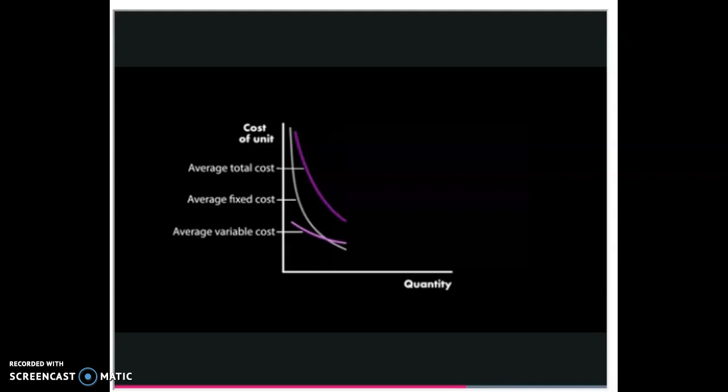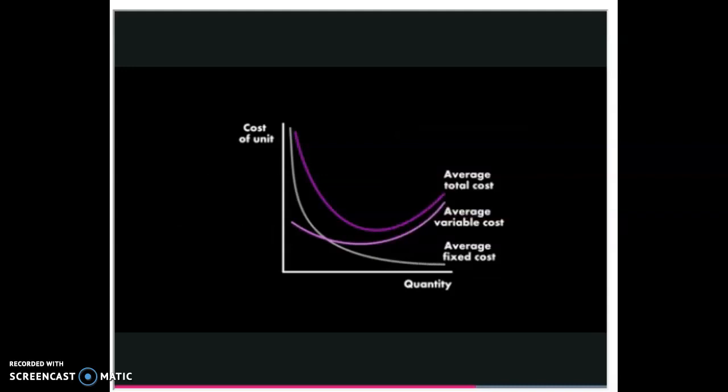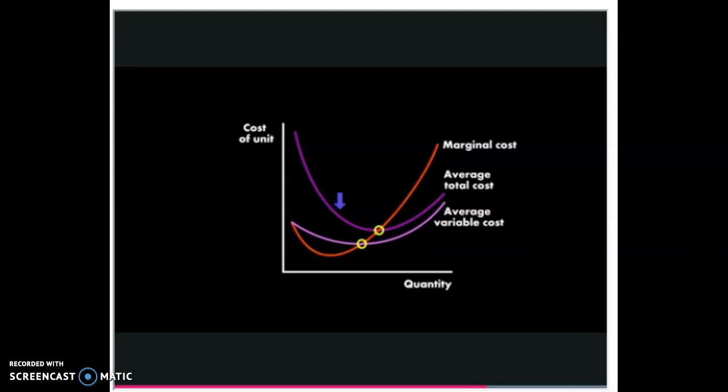It drops with the average fixed cost and average variable cost dropping, and then rises when the increase in the average variable cost is larger than the decrease in the average fixed cost. Like the average variable cost, the average total cost goes from decreasing to increasing when it crosses the marginal cost curve, which pulls it down when the marginal cost is below the average total cost, and pulls it up when the marginal cost is above the average total cost.